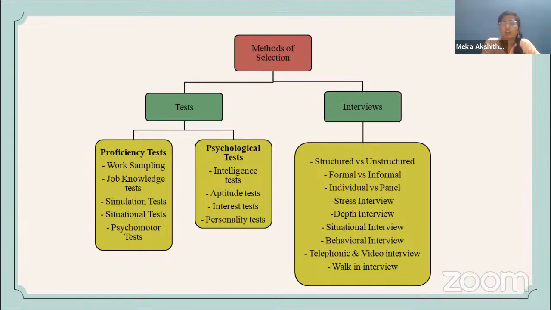In work sampling, the interviewer would ask the candidate to give examples of some of his work which he has already done. For example, any different types of projects taken up by that employee, and what all he or she has done in that job.